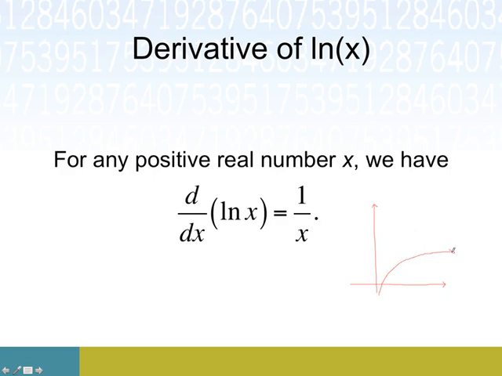It's not going up by a lot as we go farther to the right. But the claim is that if we pick a particular x value, then the rate of change in this function at that value is equal to 1 over that x value. So the slope here is equal to 1/3, which is interesting. It makes computations relatively nice.